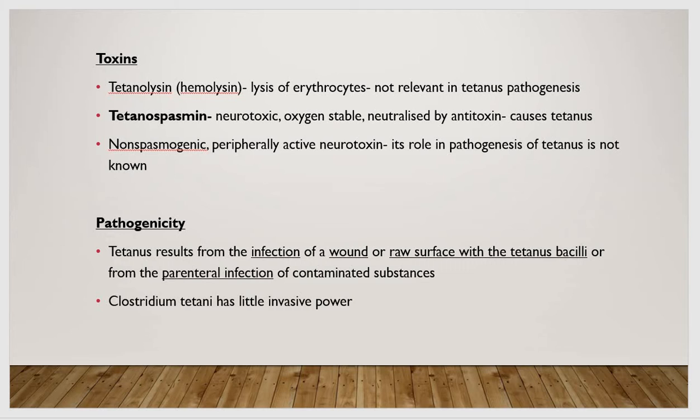Tetanus results basically from the infection of a wound or raw surface with the tetanus bacilli, or from the parenteral infection of contaminated surfaces. It means that it occurs in an open wound. If a wound comes in contact with this bacteria, it can cause the illness.